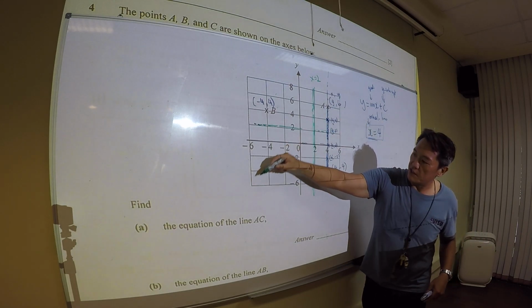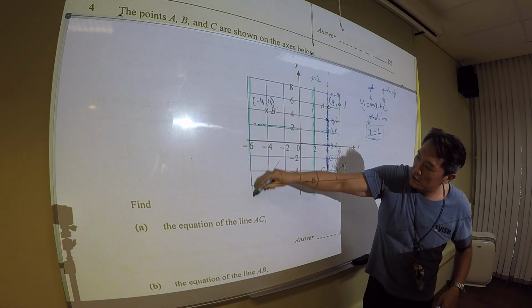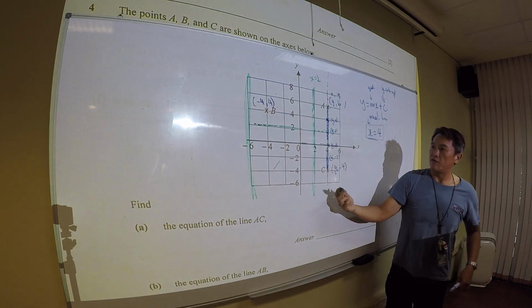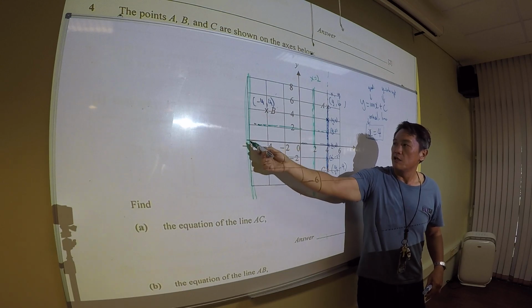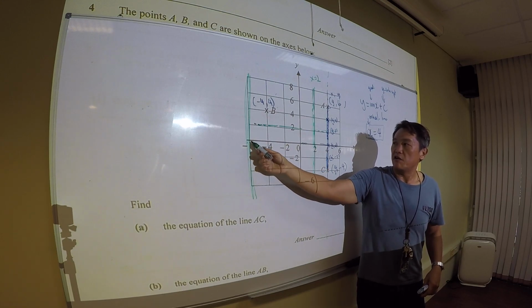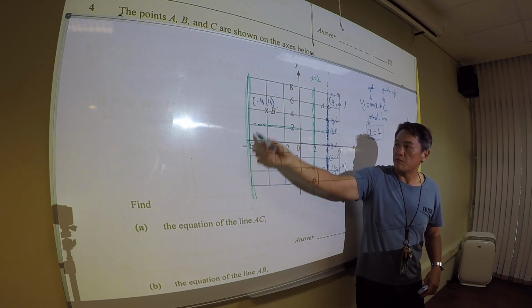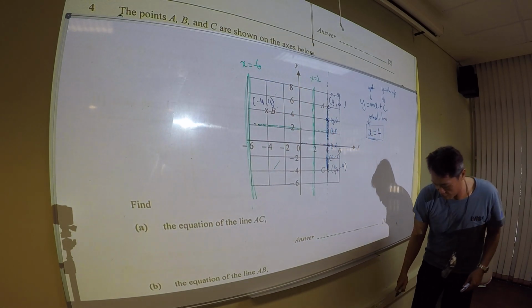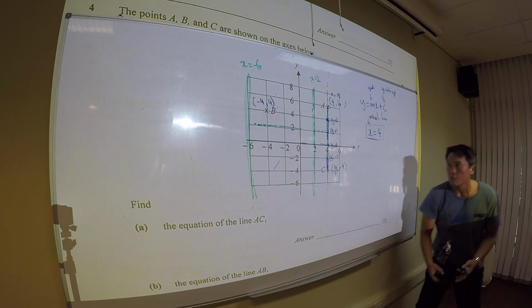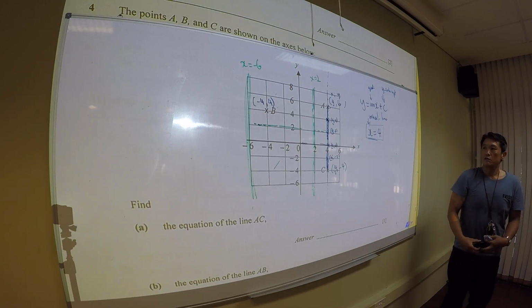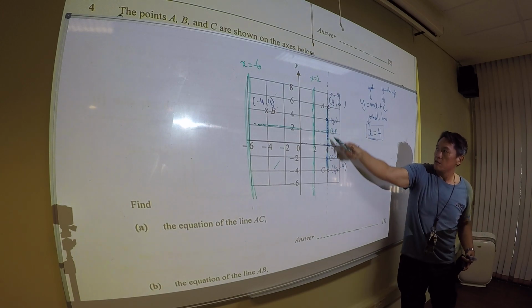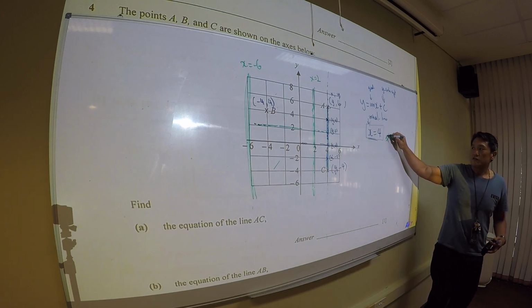If I have a vertical line here, the y can keep changing, but the x, the left and right of every point on this line, is always the same. So when the x is always the same, we name this line x equals -6. Okay, so that is why for vertical line AC, the equation is x equals 4.